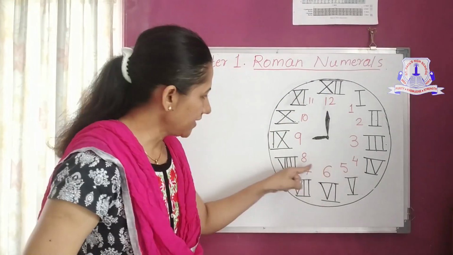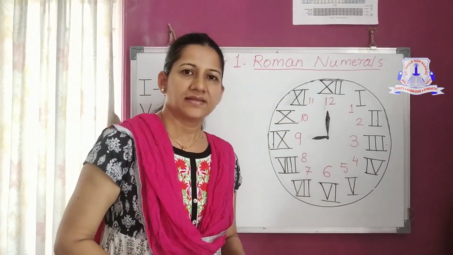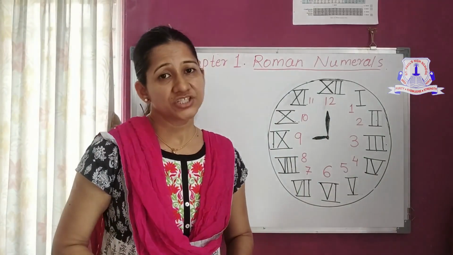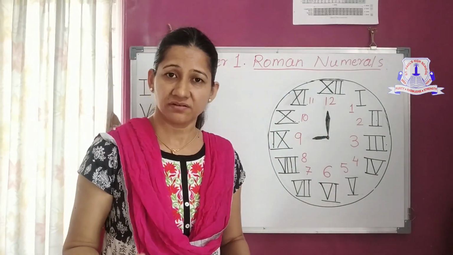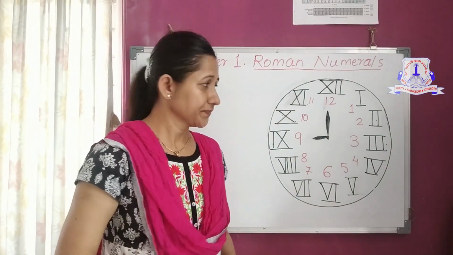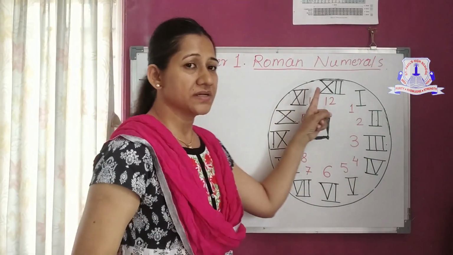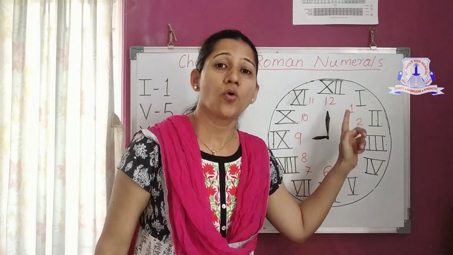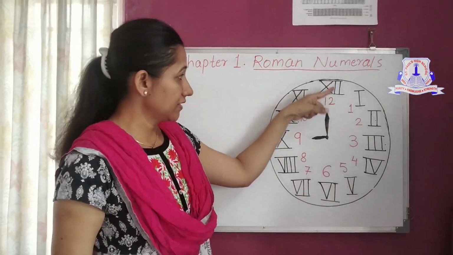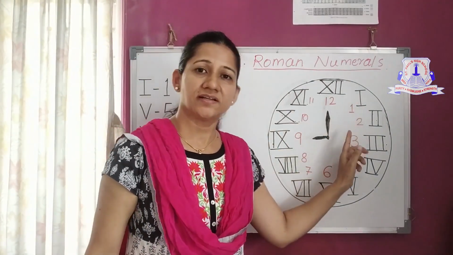Now, in red, which I have written, these are our international numbers, which we generally use and are aware of. But these symbols are the numbers called Roman numerals, written next to the international numbers.